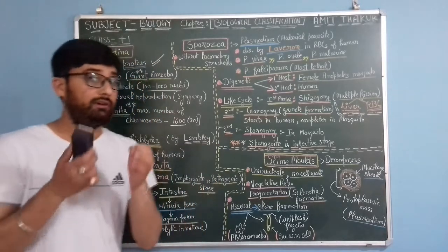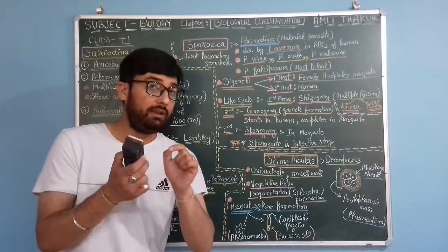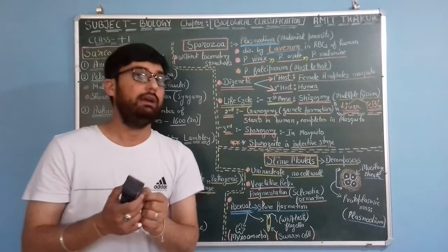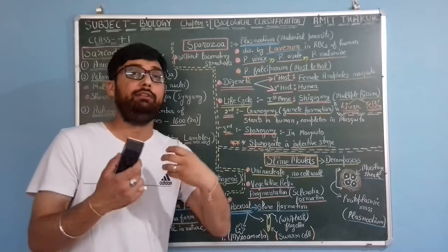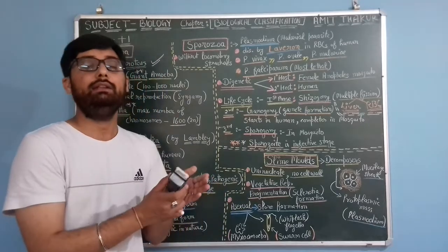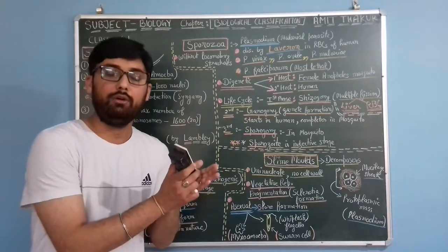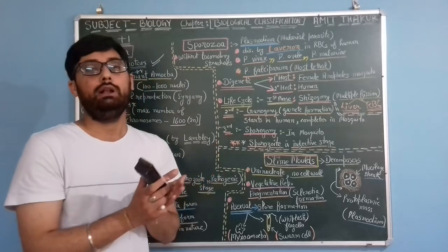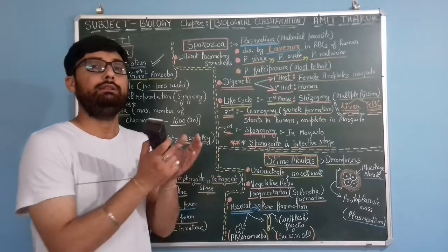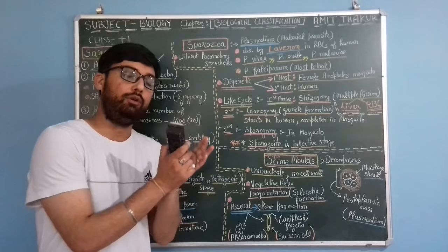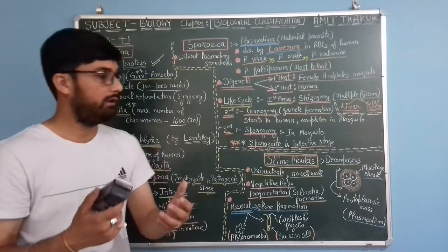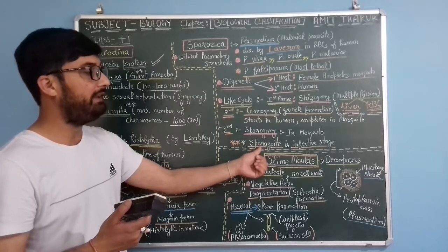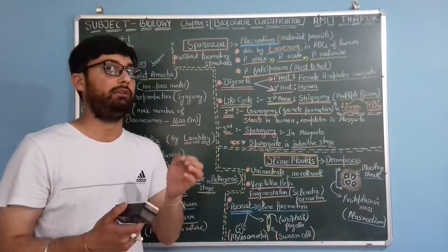Fertilization or fusion takes place inside the human being, and the gamete gets matured inside the intestines of the mosquito. After getting matured, that plasmodium becomes sporozoite. Sporozoite is an infective stage of plasmodium.